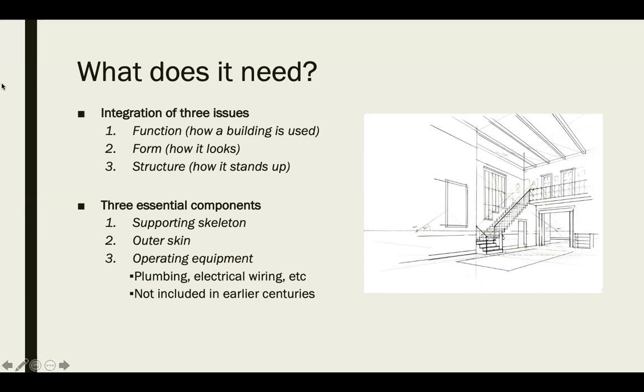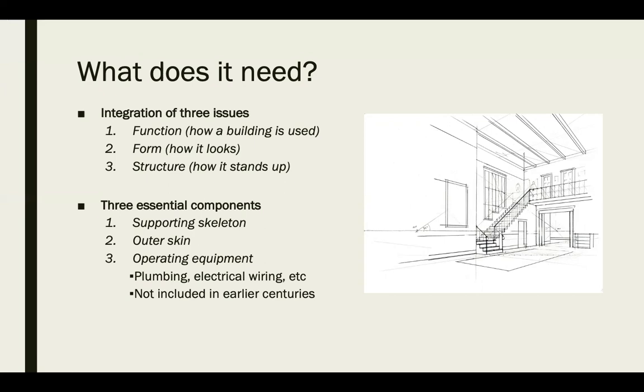So these are the issues that we have to consider when we're building something initially. And then when we think about the more practical, essential components to creating the architecture, you have to think about the supporting skeleton, the outer skin, and the operating equipment. The operating equipment was not something that was used initially.